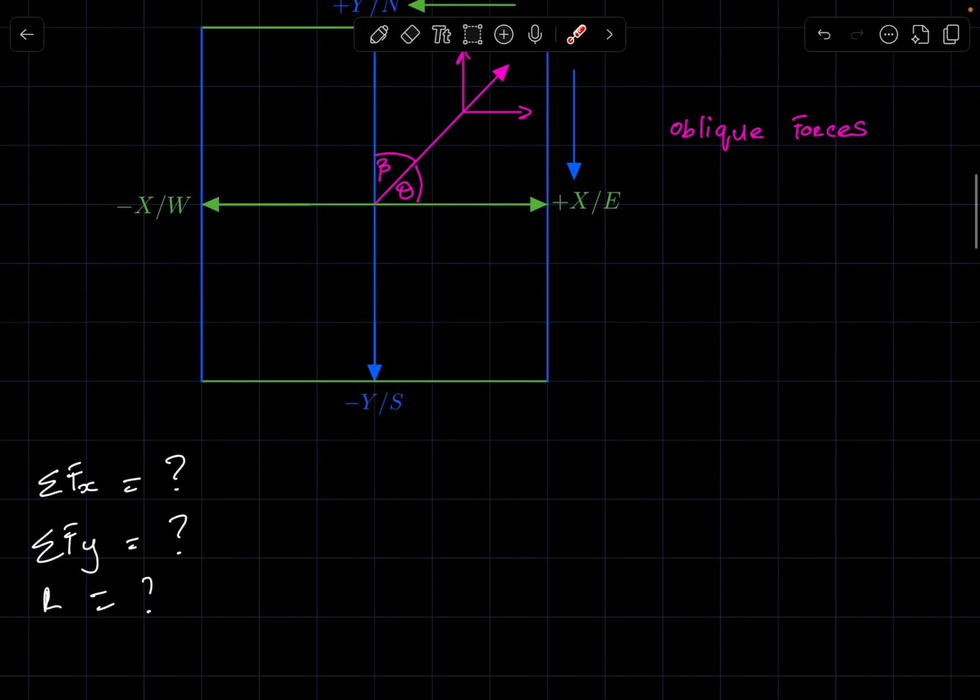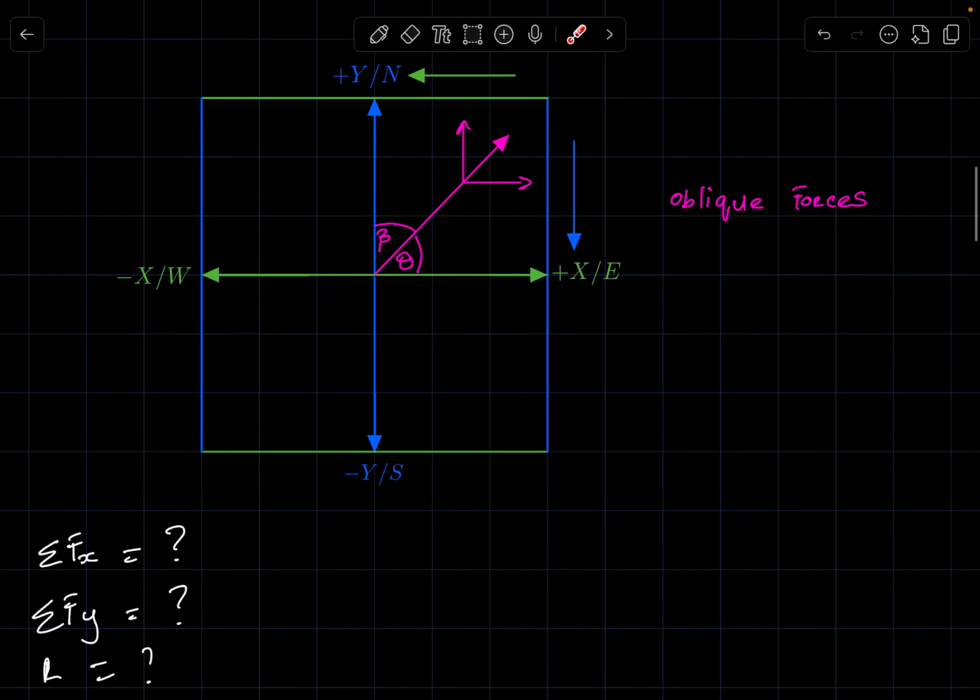All right. Now, in terms of how you resolve an oblique force into its components, it's pretty straightforward. This represents the oblique force. The components of this oblique force must be such that they are acting in a direction that is towards the direction of the oblique force.